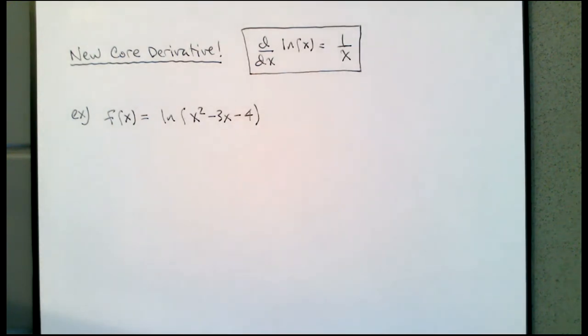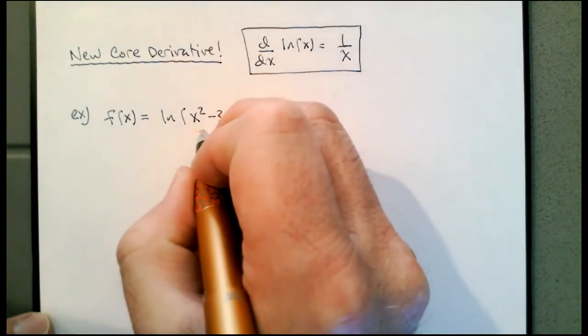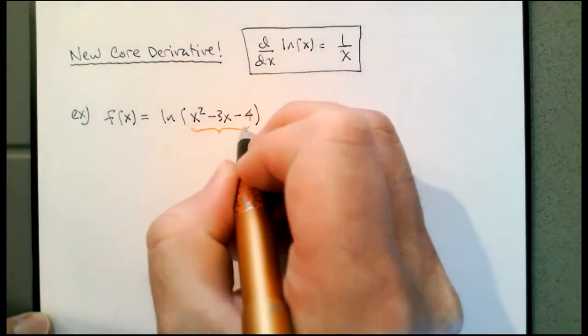In this function, we think about what we do with x. X gets squared, we subtract 3x and then subtract 4, and then take the result of that and run it through natural log. So we have a composition of functions where we start off with x squared minus 3x minus 4. So this is going to be our inside.